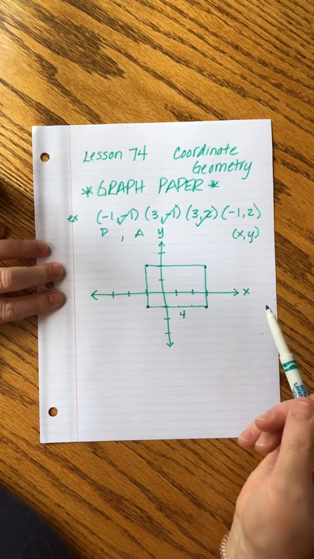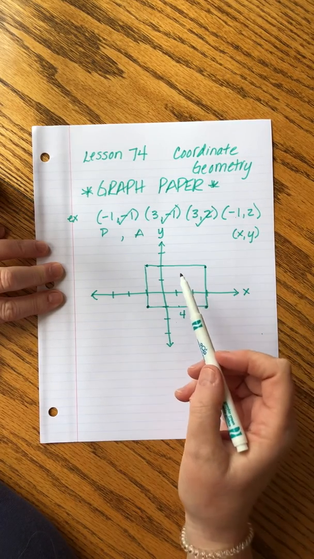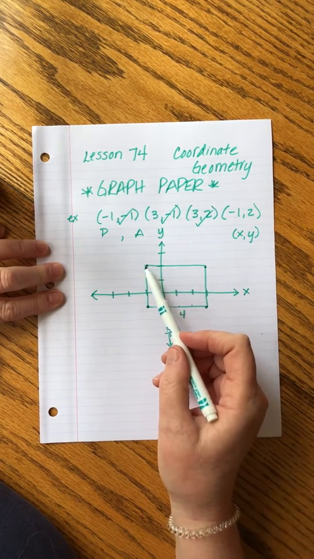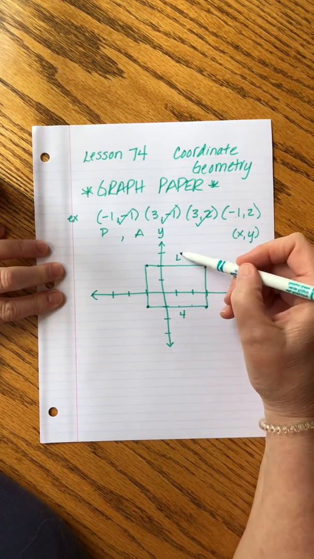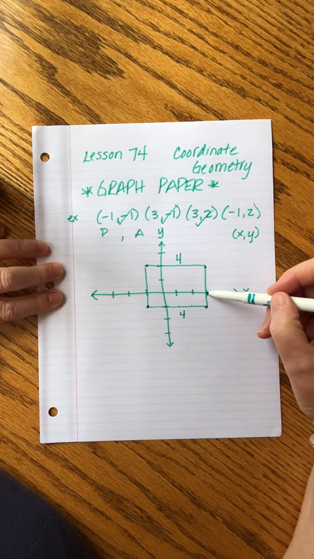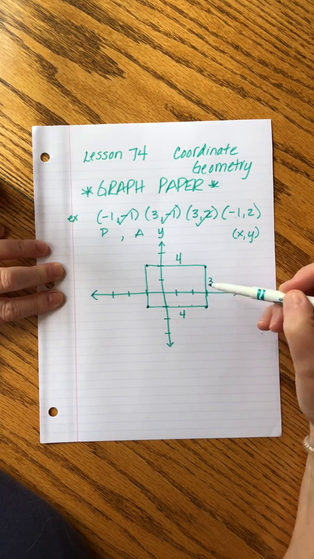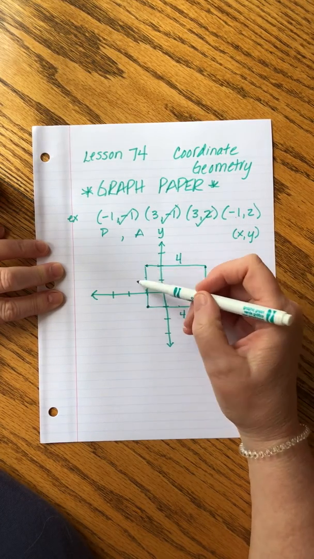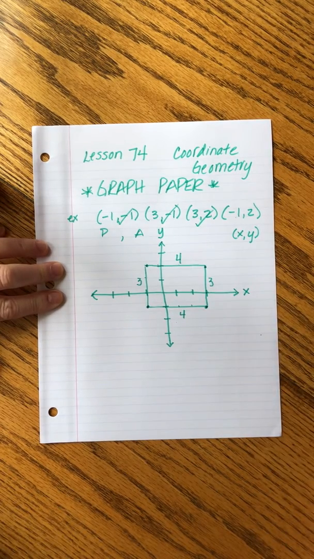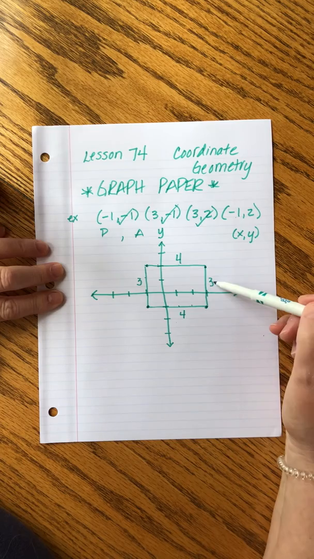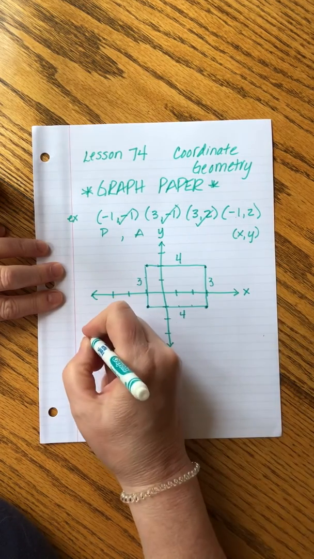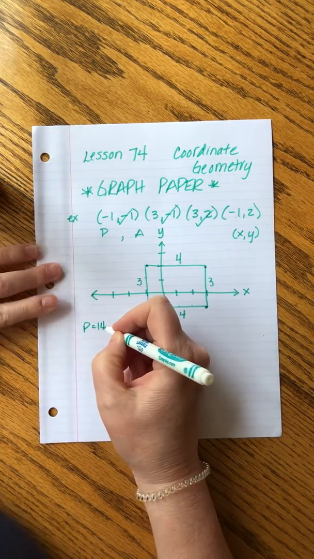And this should be 4 as well: 1, 2, 3, 4. Yes. This distance is 1, 2, 3, and so now I can easily calculate the perimeter. 3 plus 4 is 7, 10, 14. So the perimeter equals 14 units.